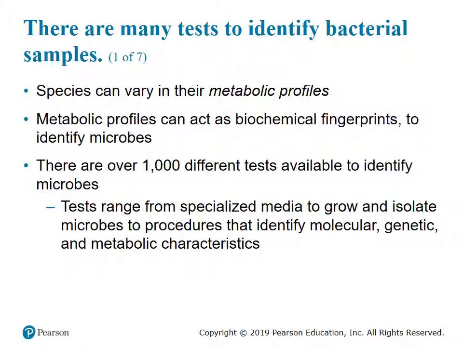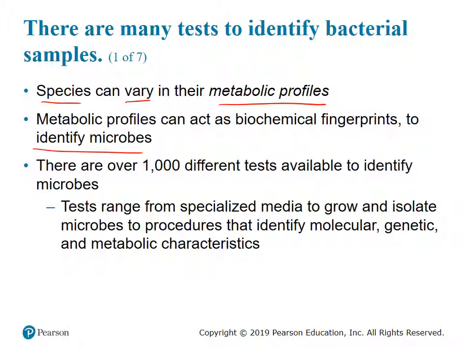Okay, as I mentioned, there are many tests to identify unknown bacteria. Because species have different metabolic profiles, they do different types of metabolism for different types of macromolecules. If we know that to be true and have studied each one, then this is a way to identify a microbe.